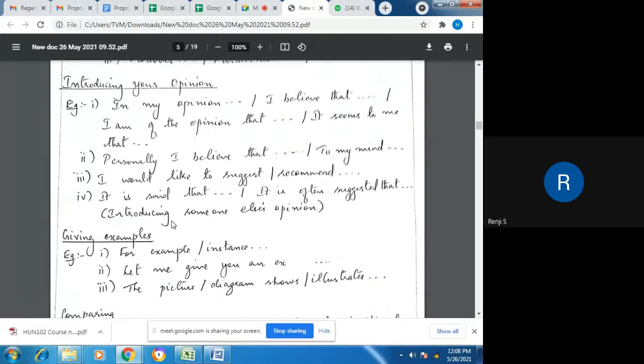So you are introducing someone else's opinion, and it is often suggested that somebody else often suggests some matter to you, and you are introducing it. It is often suggested by them. You can introduce someone else's opinion also using the fourth sentence.